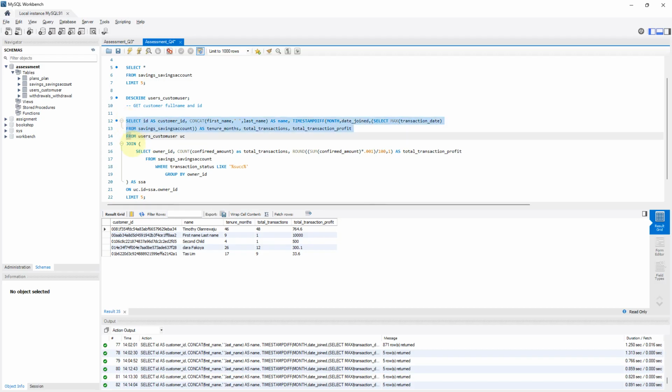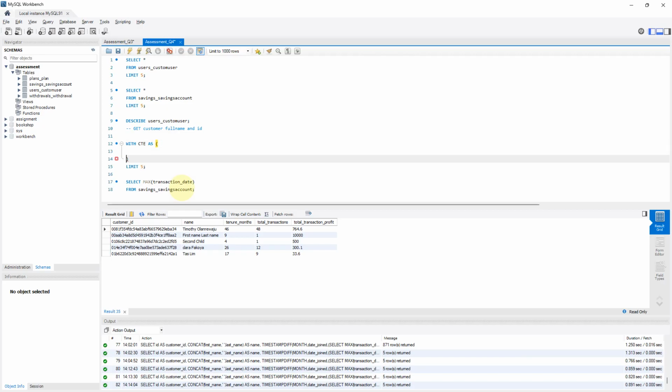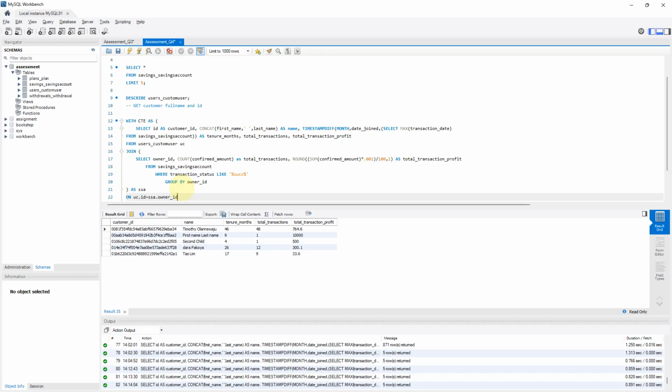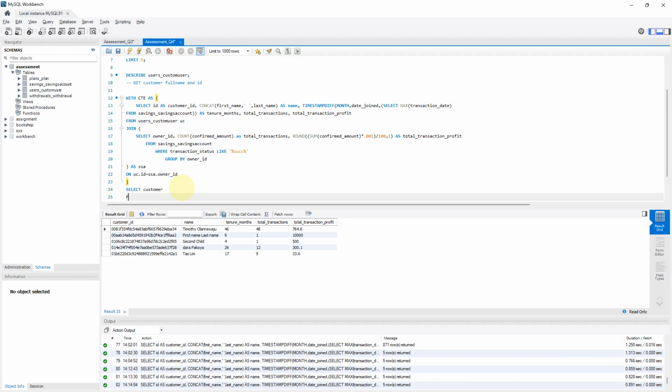I'll make it a CTE with CTE as, so that I can do my calculations. I'll now say select. Now I want my customer ID, from CTE.